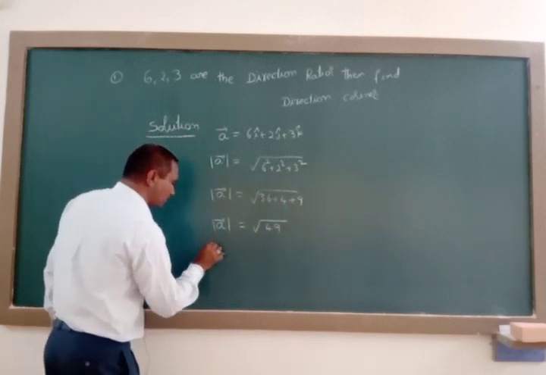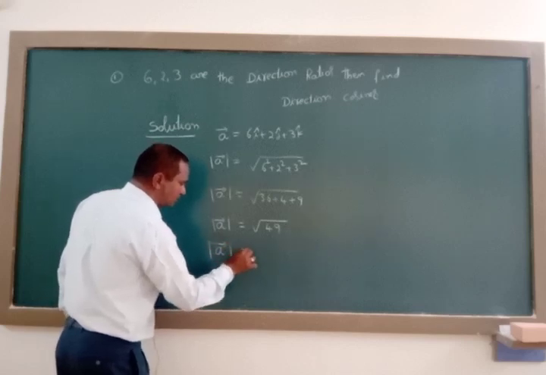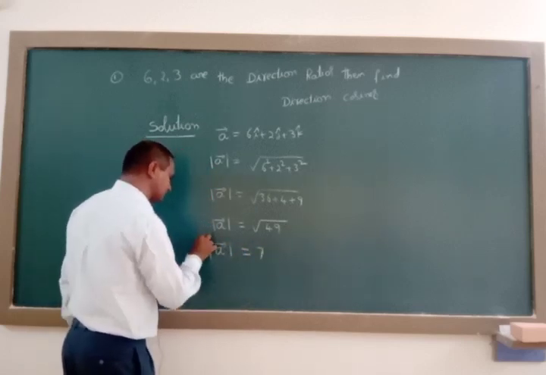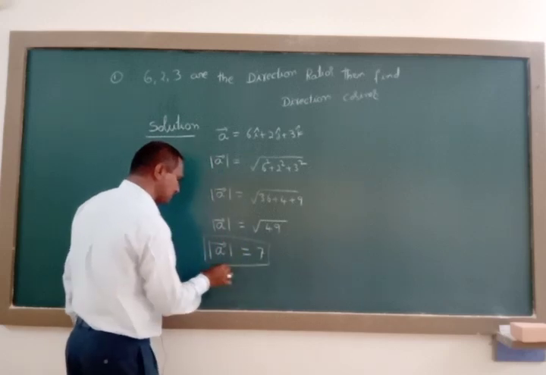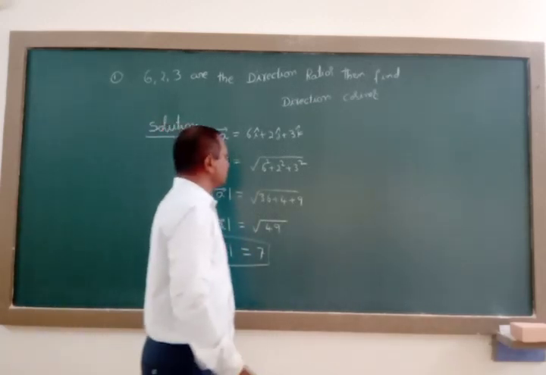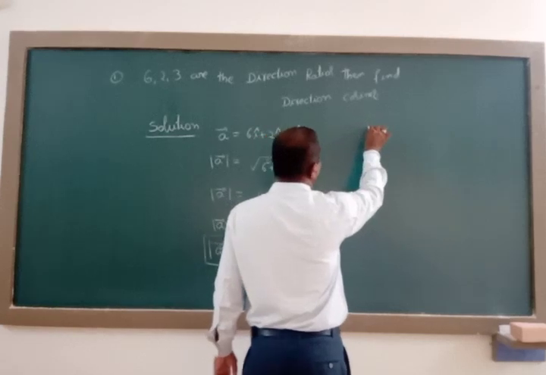Magnitude of a bar is equal to square root of 49, which is 7.